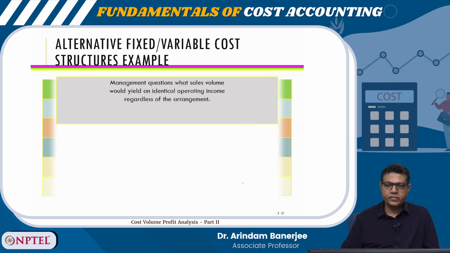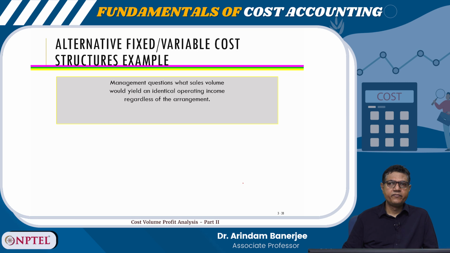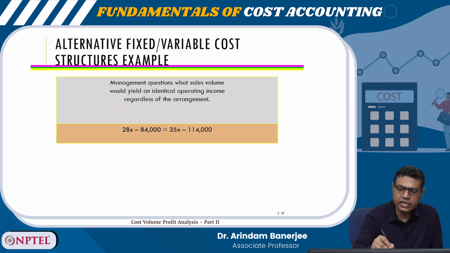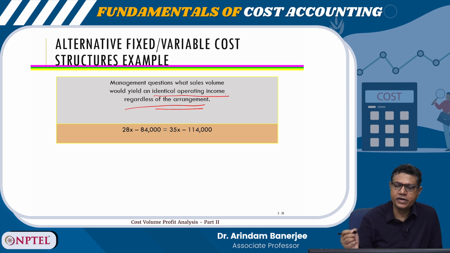So, let us see the management question: what sales volume would yield an identical operating income regardless of the arrangement? So, 28x minus 84 is equal to 35x minus the new fixed cost. Regardless of the arrangement, it wants an identical operating income, so these two equations should match. This is the older equation, this is the new equation.